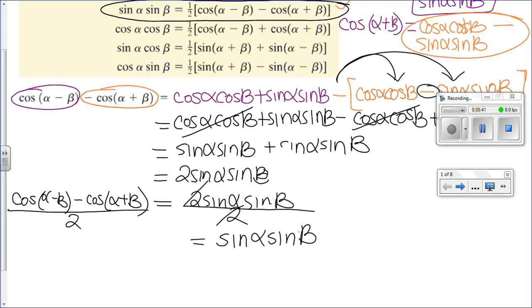On the right side, instead of having the whole expression divided by 2, I'm going to factor out the 1/2.